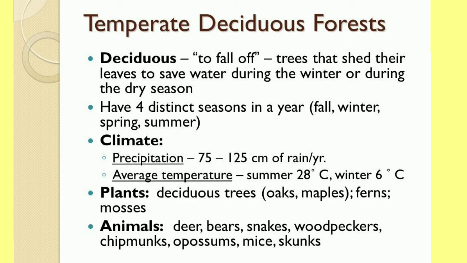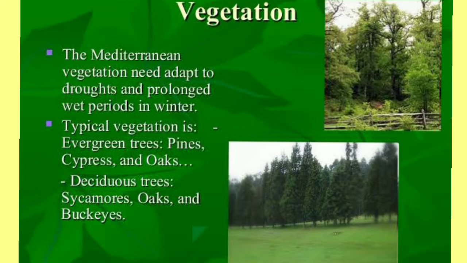Okay, now we will go to the next one, that is the Mediterranean vegetation. Now, we have learned that most of the east and the northeast margins of the continents are covered by temperate evergreen and deciduous trees. The west and the southwest margins of the continents are different. Okay, they have the Mediterranean vegetation.